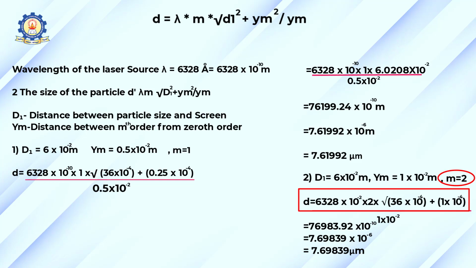So d1 is 6 into 10 power minus 2 meter, ym is 1 into 10 power minus 2 meter, and m, the order of spectrum, equals 2. Substituting all these values in the formula, we get 7.69839 into 10 power minus 6 meter, that is 7.69839 micrometer.